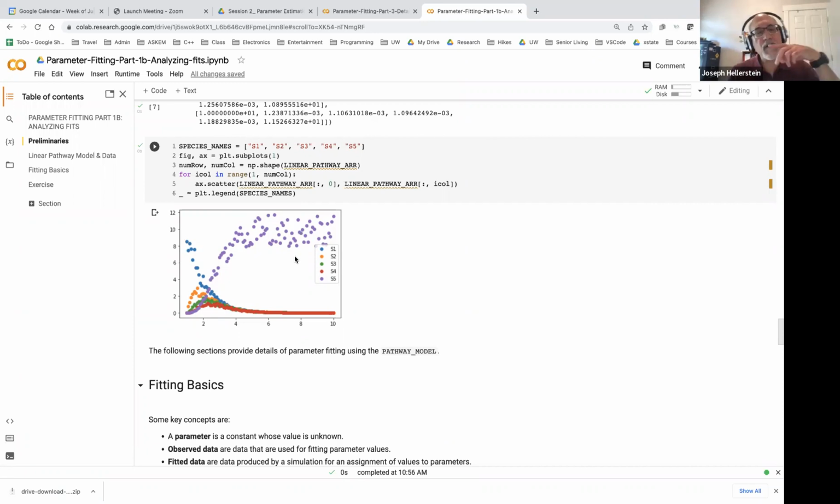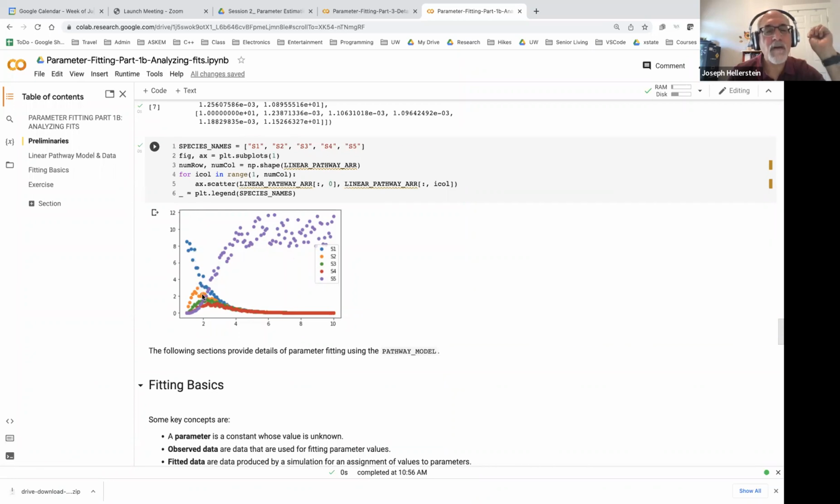Now, what's very interesting here is this spread of values for S5. Remember, there was a modest amount of randomness that was introduced in the beginning for the data.